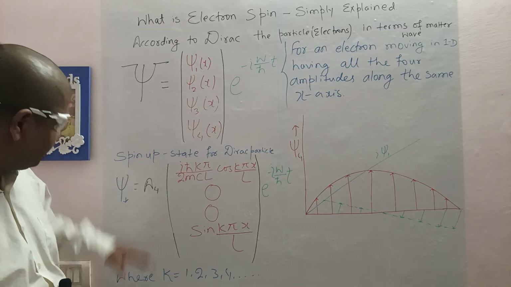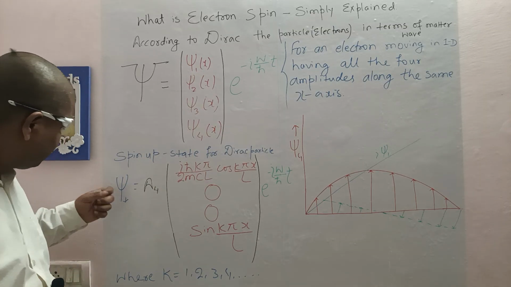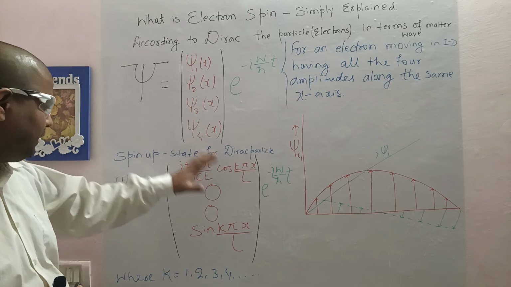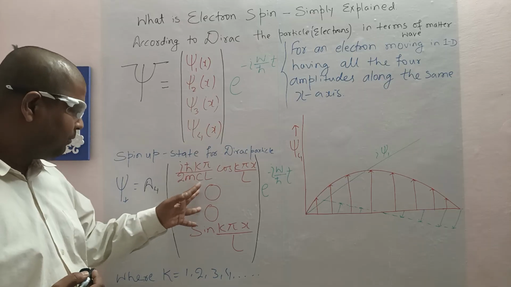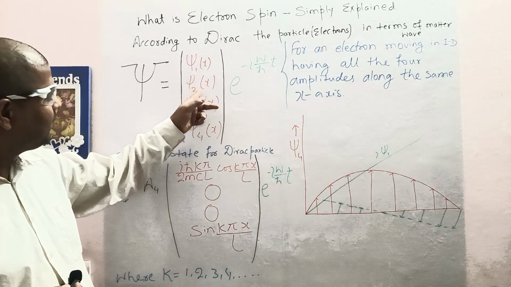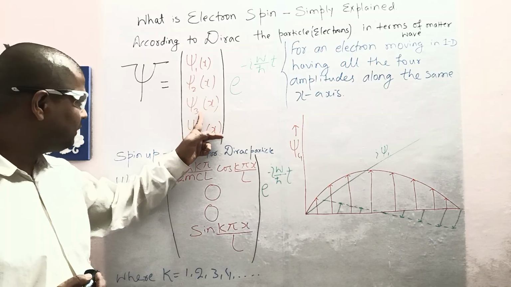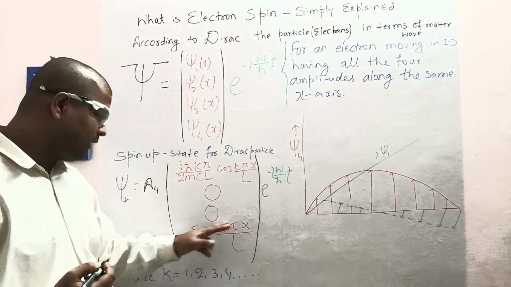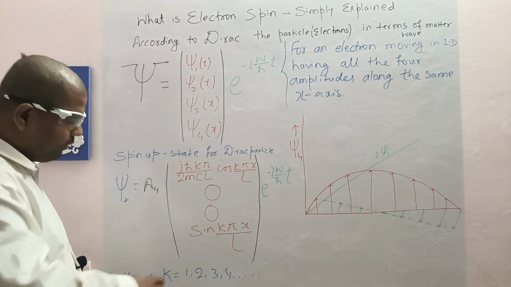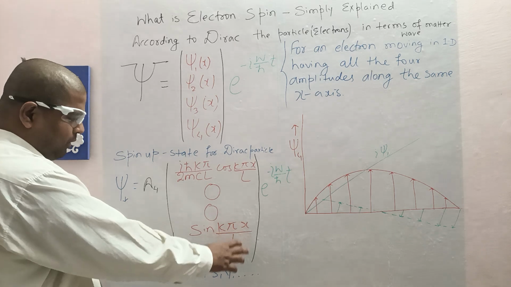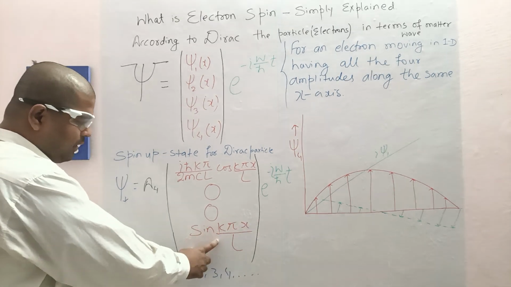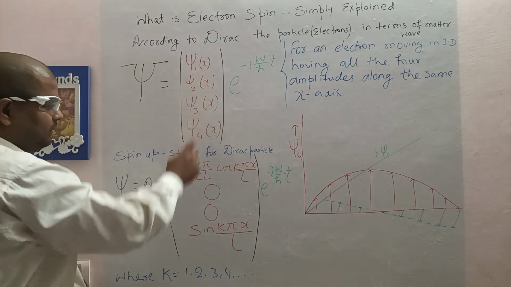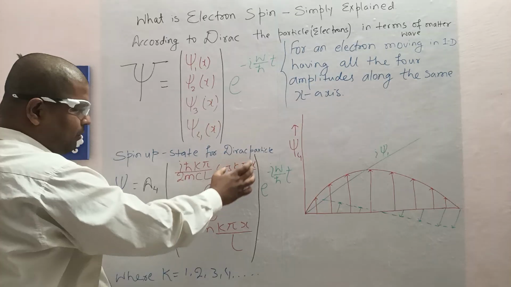Let's take this function, where this is some constant in the amplitude. 2 of its amplitudes are 0, taking the second and third eigenfunctions of amplitude as 0. The fourth function is sine k pi x by l, a function of k pi by l along the x-axis. The first component of amplitude is cos k pi x by l.